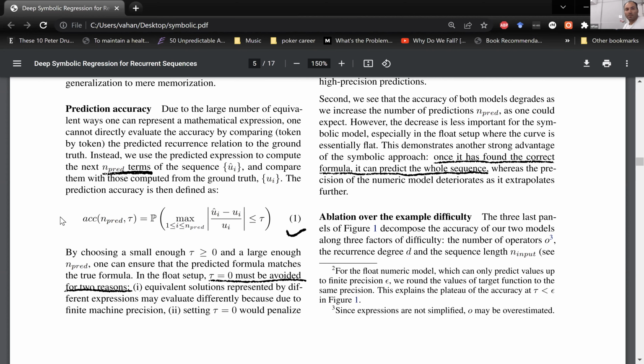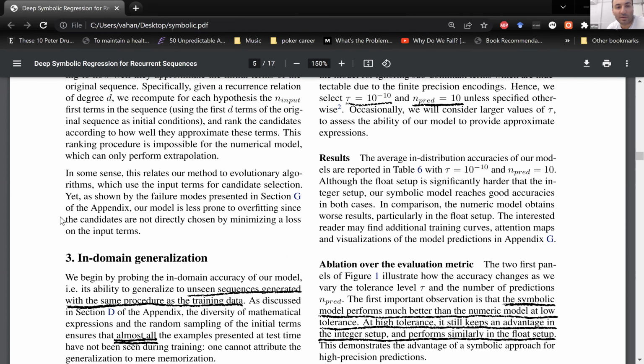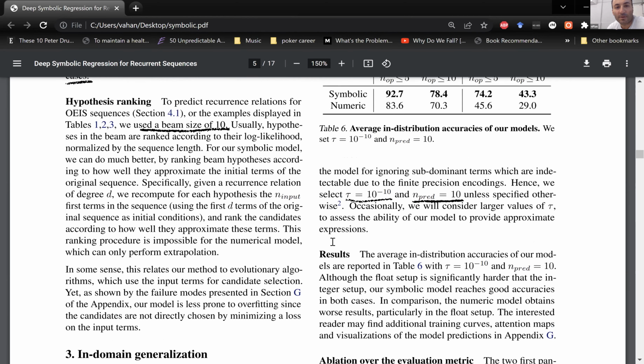I think if you go up one. Ah, you mean this one? Yes. I tried to skip it, because we have only 5 minutes left. So we use beam search, size 10. And they fit the hypothesis to the part of the sequence that they already have to find which one has the best fit.